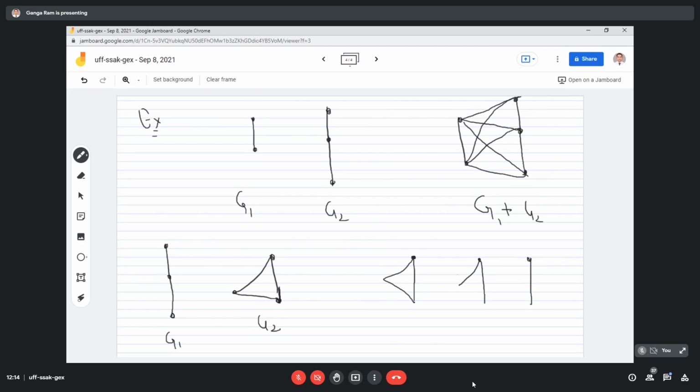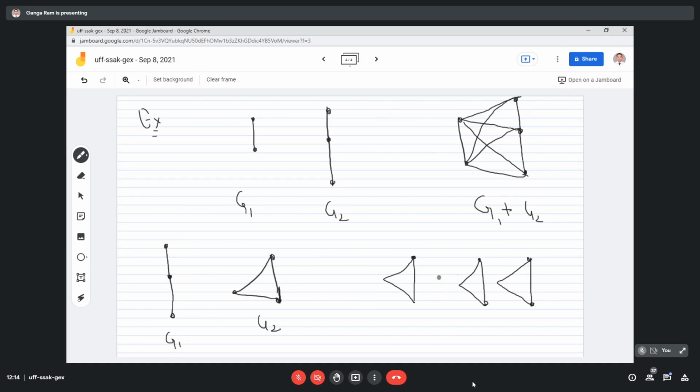So there are three vertices, 1 2 3, and this graph also has three vertices, so we can take the copy of G2 according to the vertices of G1. I have to take the copy of G1 like this, and you can join the vertices which are adjacent.